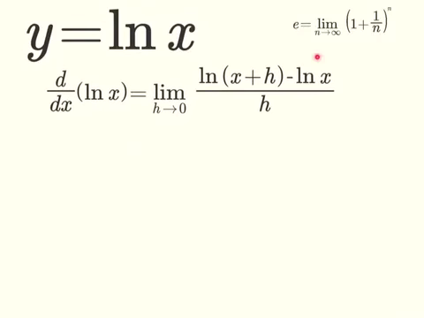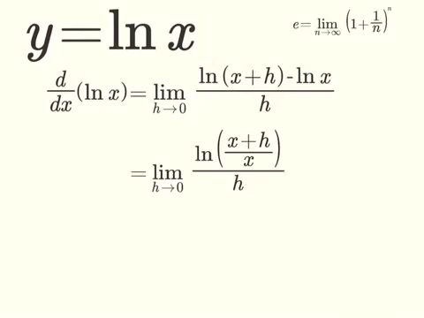The first thing I'm going to do is combine these two logs into one log using the property that the difference of two logs is equal to the log of the quotient of the two arguments. I'm then going to use some algebra to simplify inside this argument.